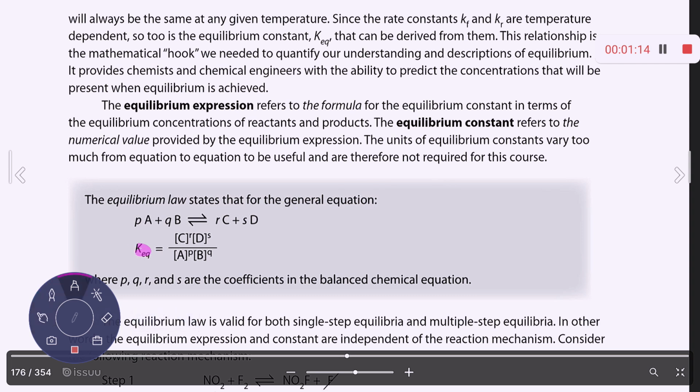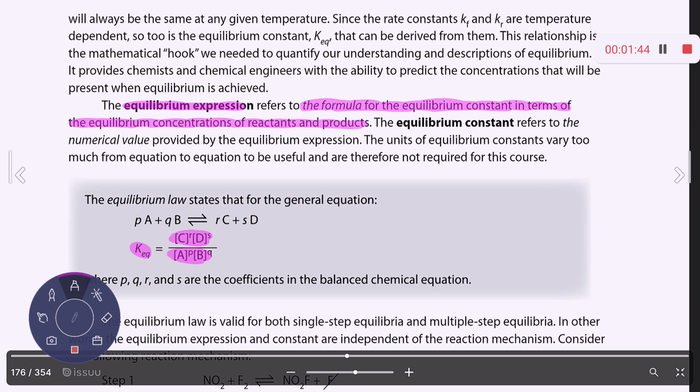that looks like this. They've taken my products, C and D, and divided their concentrations by my reactant concentrations, and whatever the coefficients are in front of each substance become the exponents. An equilibrium expression is the formula for the equilibrium constant in terms of the concentrations present at equilibrium for the reactants and the products.